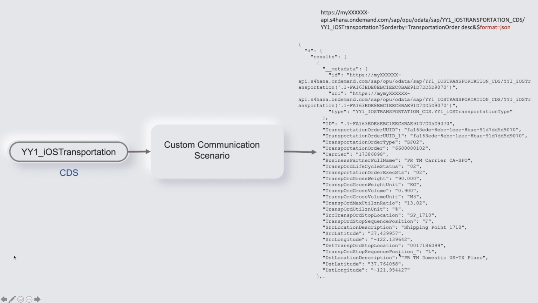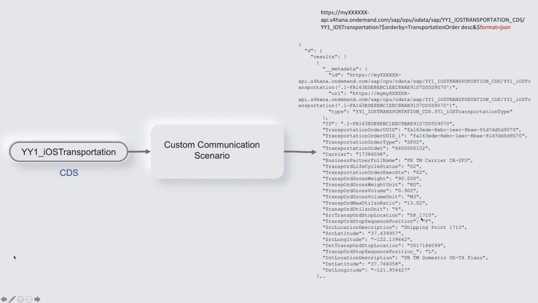Now, the only thing that is a bit different here is the stop sequence position. For the purpose of doing this exercise, I'm only looking at the first and the last stop of my freight orders.